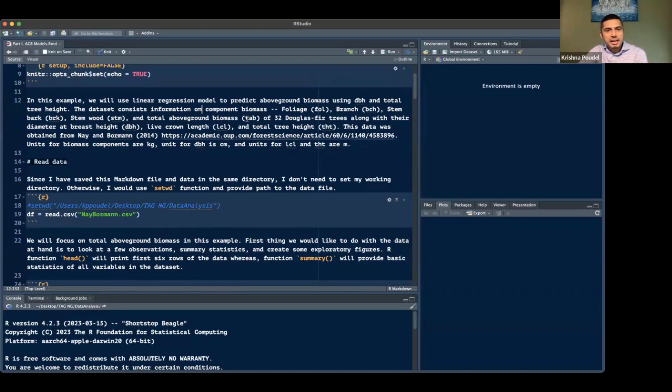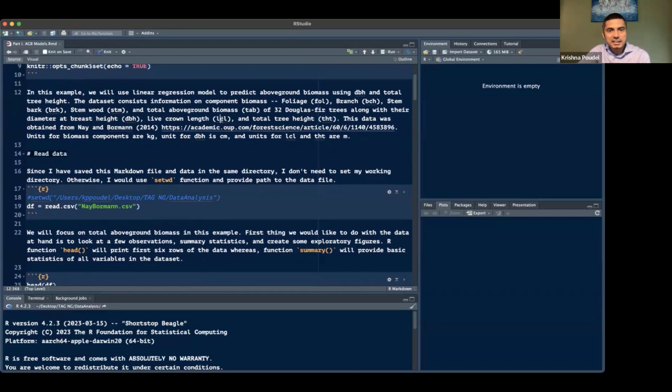The total above-ground biomass is labeled TAB, for 32 Douglas fir trees, along with their diameter at breast height DBH, live crown length LCL, and total tree height THT. I obtained this data set from a paper by Ney and Borman, 2014, and it should be accessible to everyone.